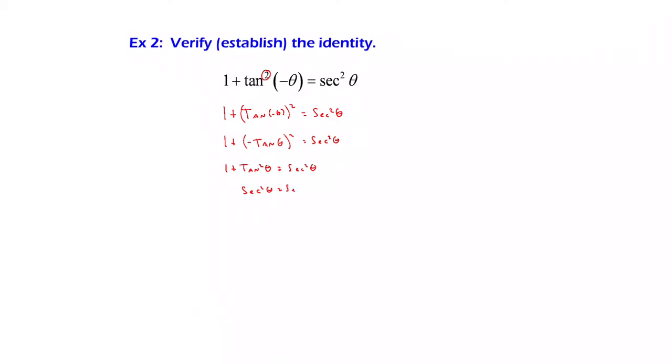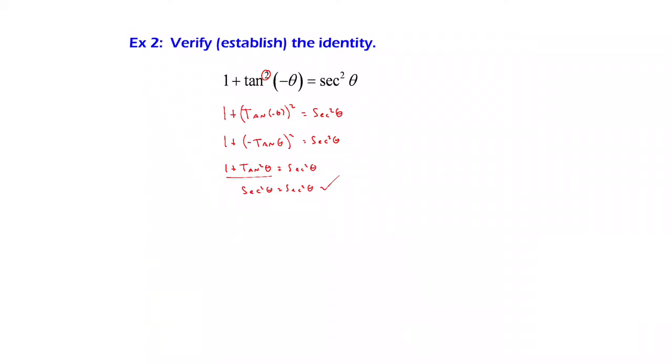So secant squared of theta is equivalent to secant squared of theta. Once again, I only manipulated one side, dealt with the more complicated side, and made it all the way down to secant squared of theta equals secant squared of theta. Never stop one step short, just saying, well, 1 plus tangent squared is equal to secant squared. No, you have to go all the way down to the end where the left side and the right side are equivalent.